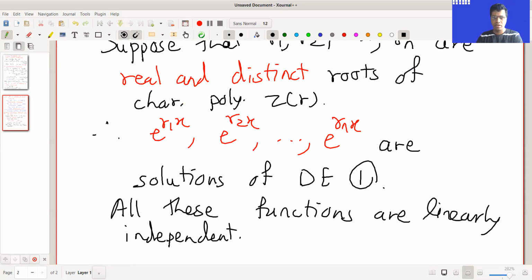Then in general, we can say that this set is linearly independent. And if we have n linearly independent solutions of this nth order differential equation 1, then these form a fundamental set of solutions. That means the general solution is a linear combination of these solutions.